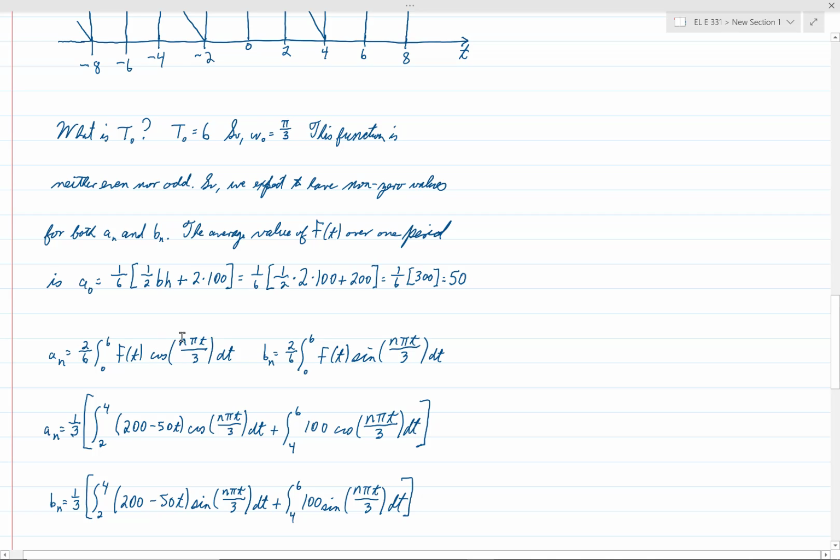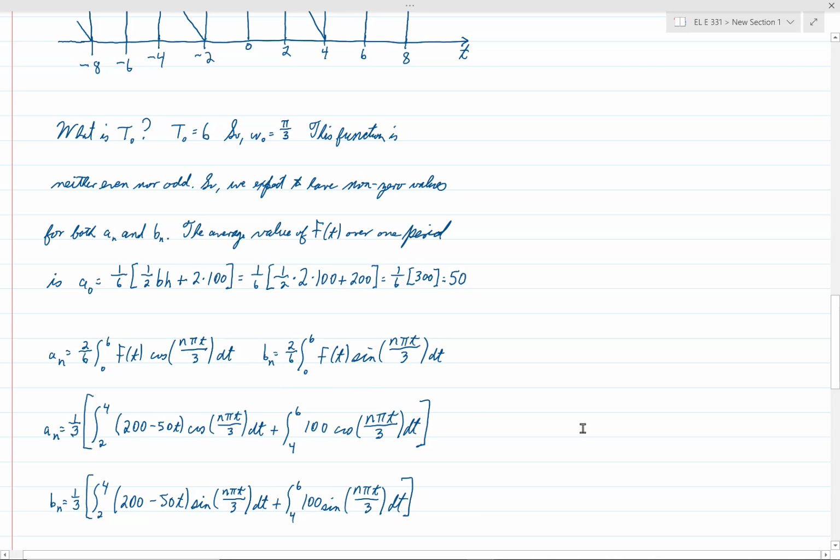I think I said 2, but it should be cosine of n pi t over 3, because, remember, omega naught is pi over 3, so this is n omega naught t. And similarly, the same thing over here, except we have sine instead of cosine for the B_n's.